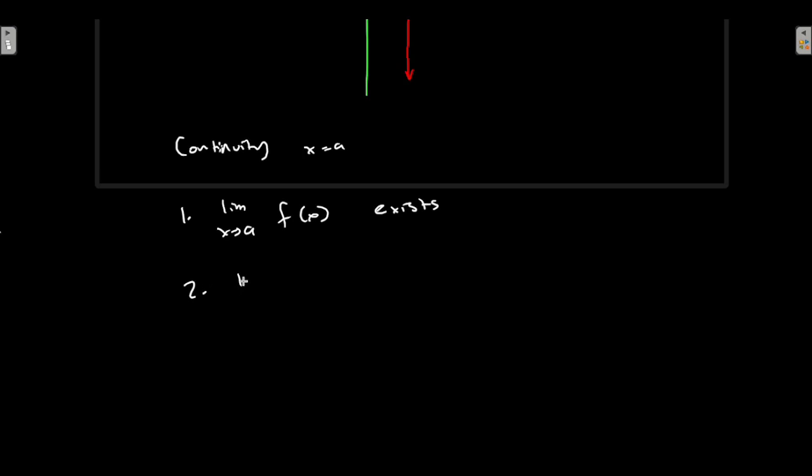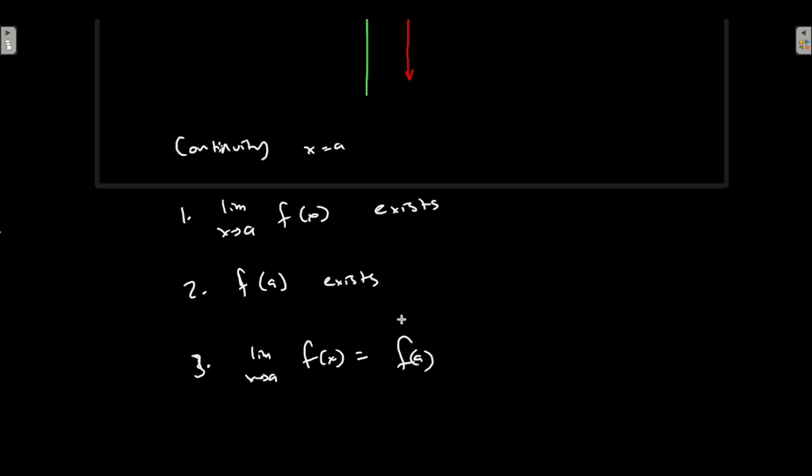Step 2 would be seeing if f of a exists. And step 3 is if the limit as x approaches a of f of x is equal to f of a. If all of this is true, then the point x equals a, that point in the function, is continuous.